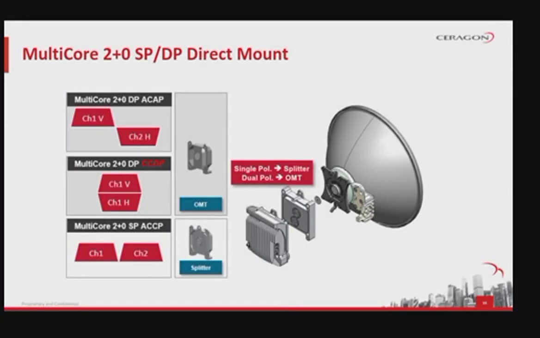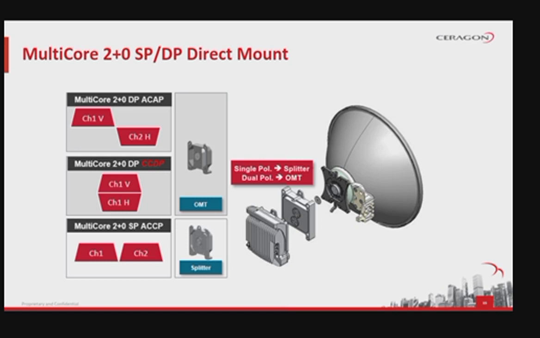Let's now analyze closer the system configuration options we have for IP20C and the required mediation device for each solution. In this slide, note, from top to bottom, the 2+0 dual polarization with adjacent channel, called ACAP, which means adjacent channel adjacent polarization. The 2+0 dual polarization with co-channel, called CCDP, which means co-channel dual polarization.